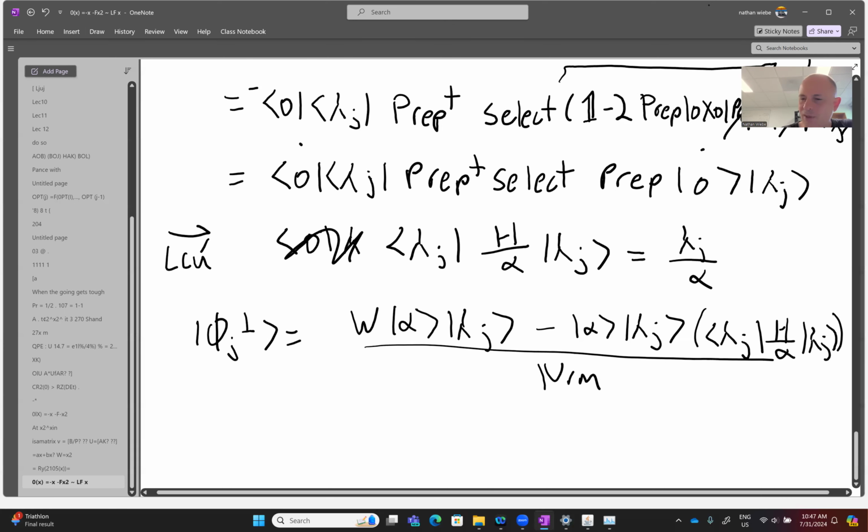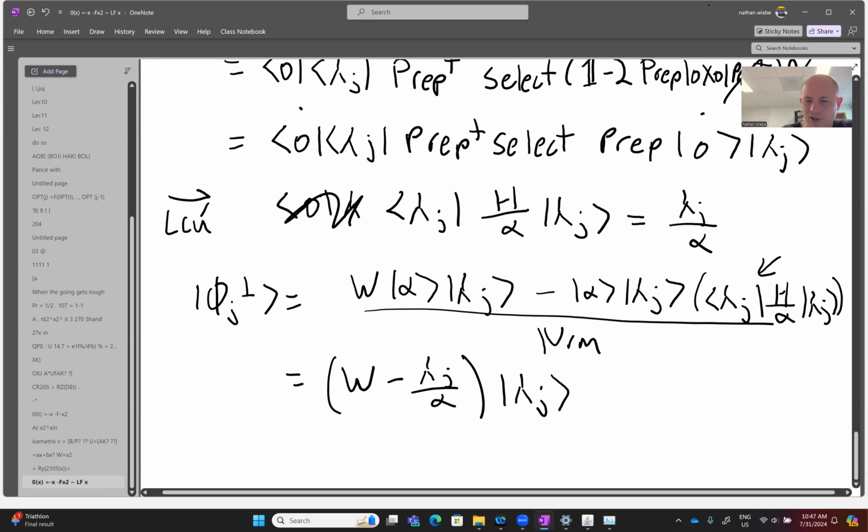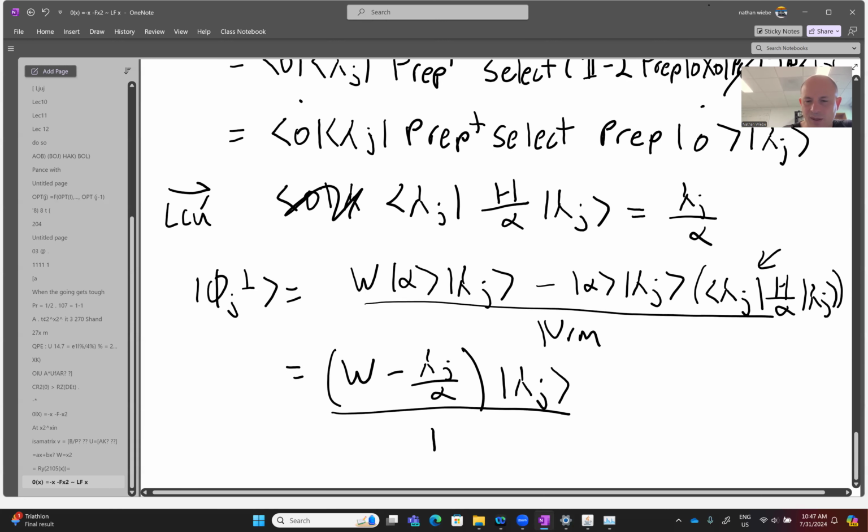Now this over here, we can substitute in, and we can see that this is just equal to W minus lambda j over alpha acting on lambda j, divided through by the norm.